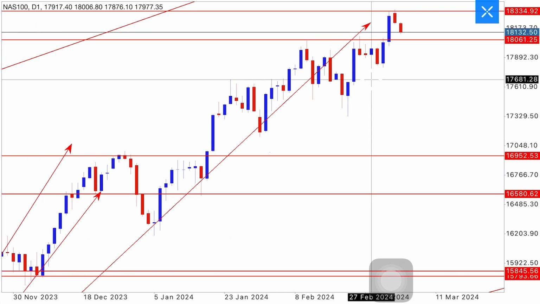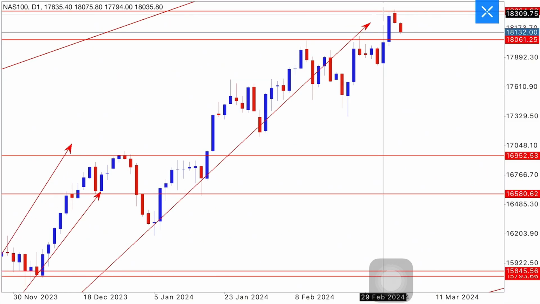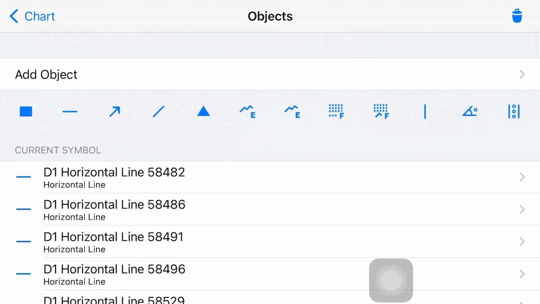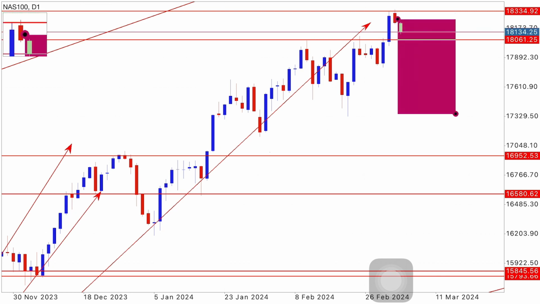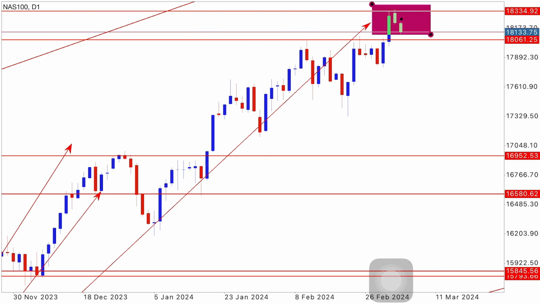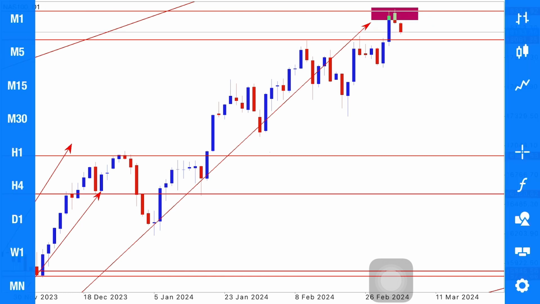we have this level here, which also acts as our change of market structure, because that's where we can see that the market is now reversing from this point, and continuing to the downside.